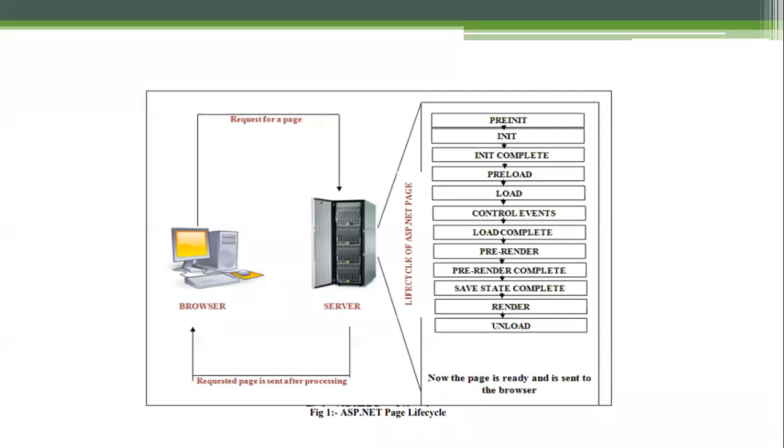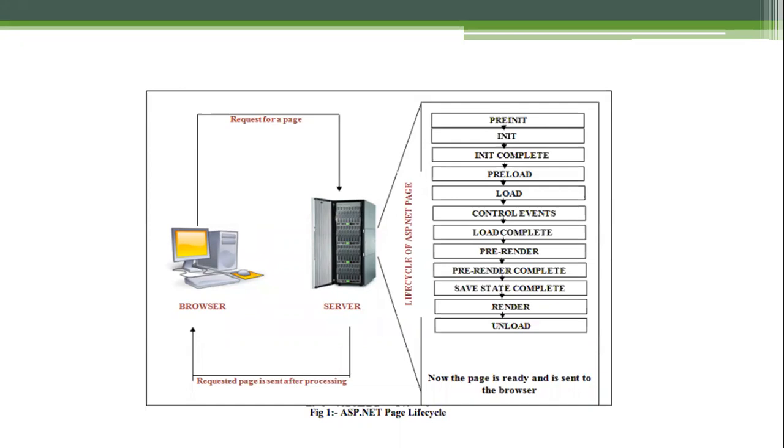Next, load, we already know about it. The onload method. For all the controls, we can use this method to set the properties or establish a connection to the database or get the data and bind the data to the controls. Control events, these are events like button click, drop down value change.